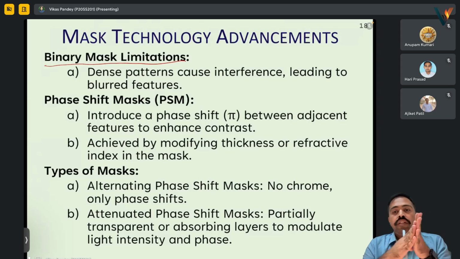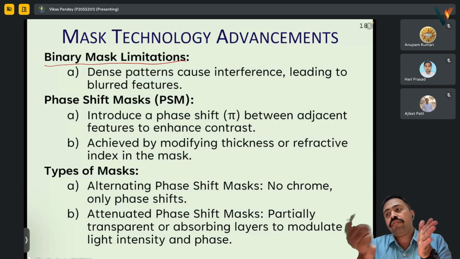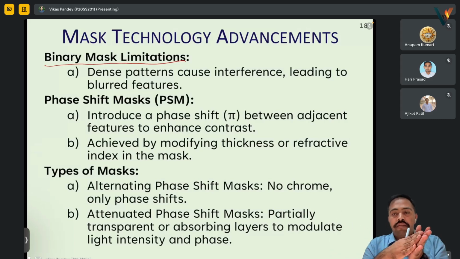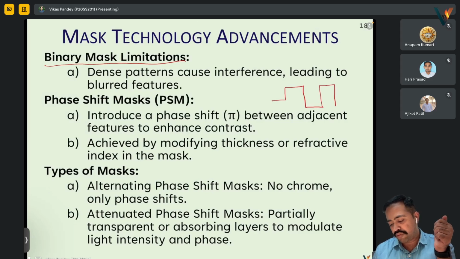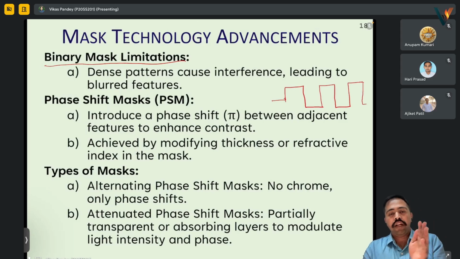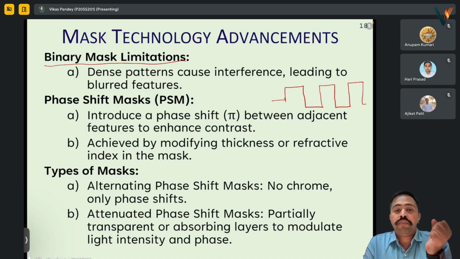The light of one feature will not interfere with the adjacent feature, and thus there will be proper contrast. They will not interfere if we have light of opposing phase. So phase shifted intensities at adjacent areas will not interfere, which leads to better contrast.